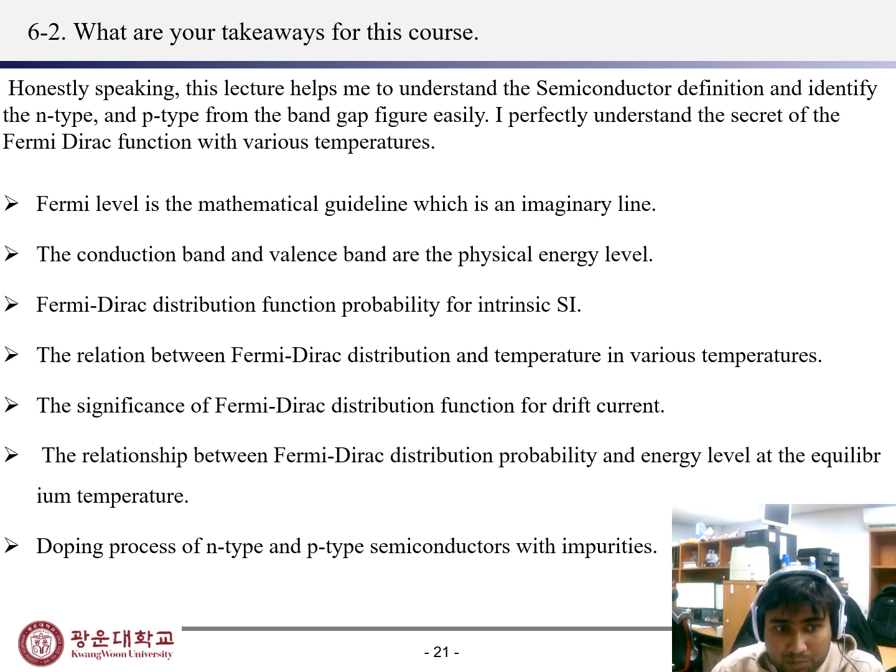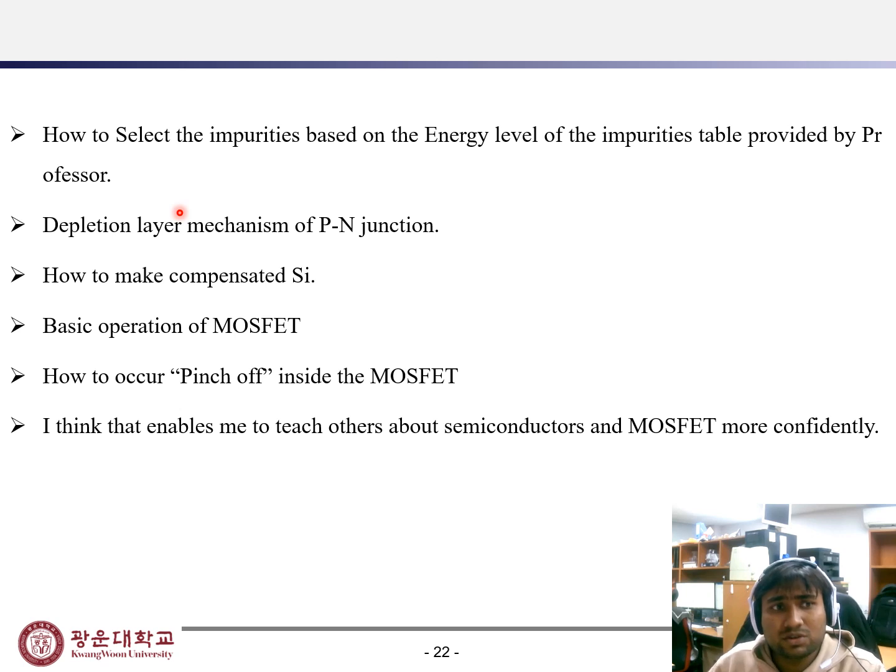How to dope N-type and P-type semiconductors with impurities, and how to select the impurity based on the energy level table of impurities provided by the professor. The depletion layer mechanism of the PN junction. I also learned how to make compensated silicon, and the basic operation of the MOSFET, including how pinch-off occurs inside the MOSFET.